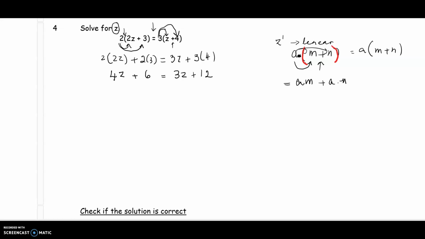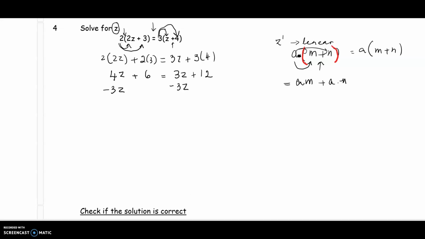So let's get rid of the 3z on the right by subtracting it out on the right. If we subtract off 3z on the right, we have to subtract 3z on the left as well for the equation to be balanced.